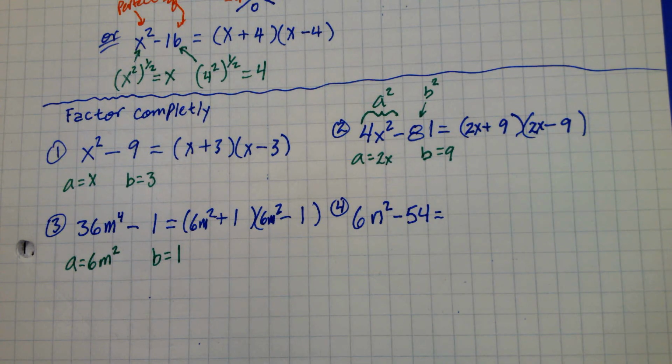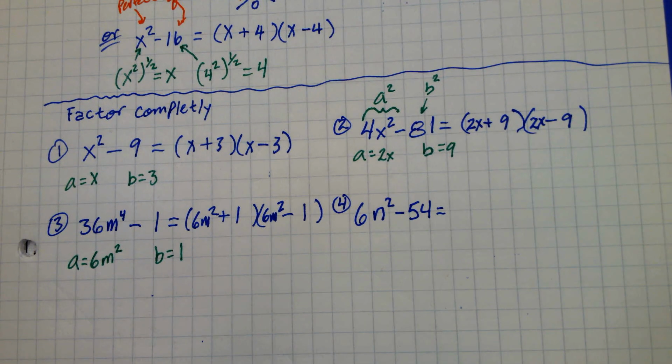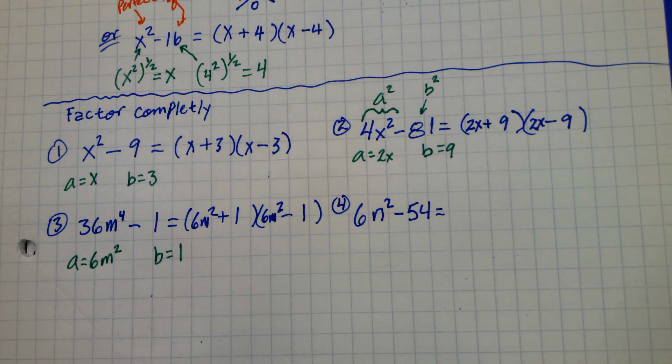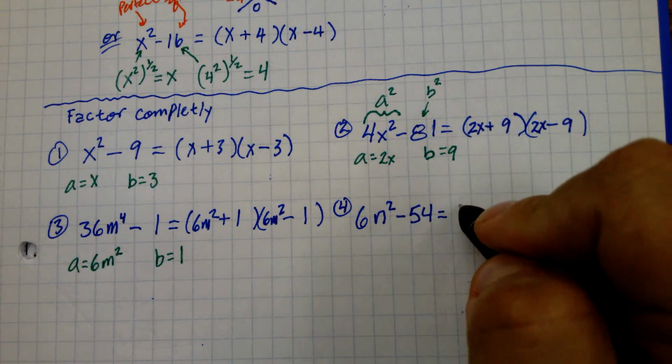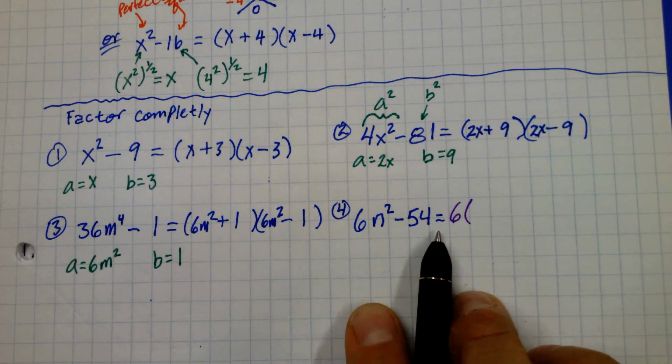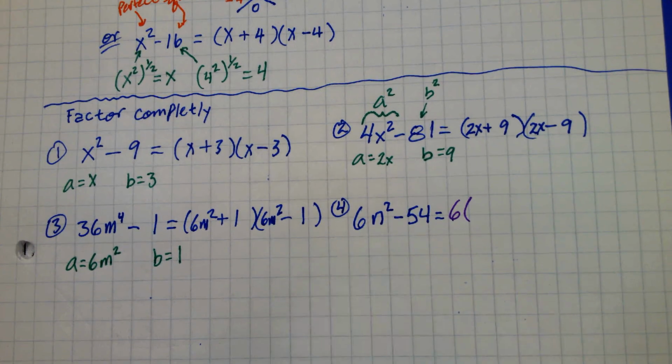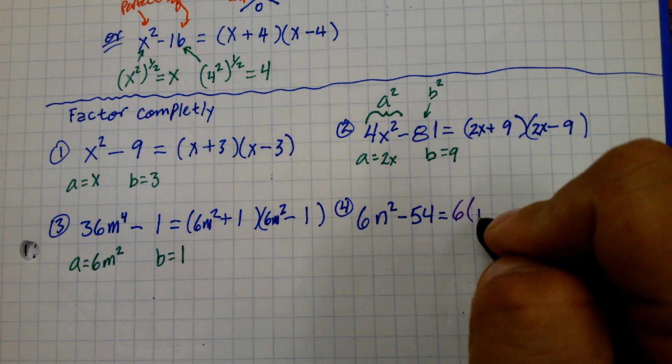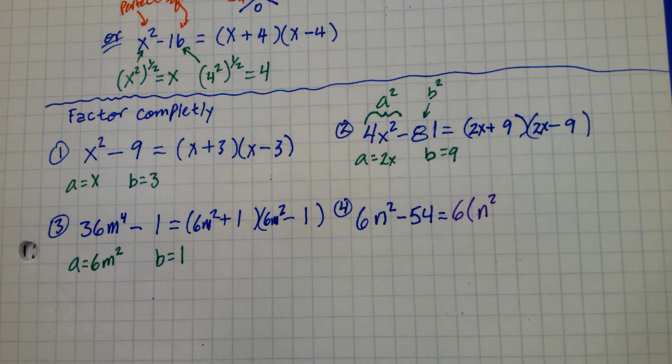Is there something that I can divide out? And 6 does go into 6 and 54. So let's factor out a 6. If I divide out 6, 6 times what gives me 6n squared? So n squared comes out.